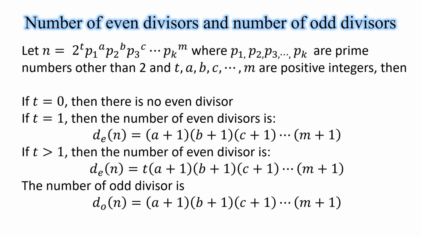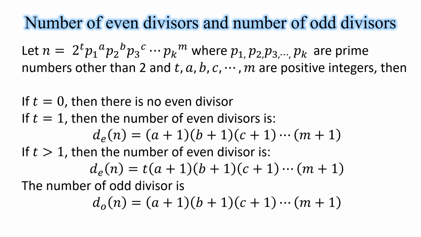Now, if t is greater than 1, then the number of even divisors is d of n is equal to t times a plus 1 times b plus 1 times c plus 1, and the pattern continues until m plus 1.